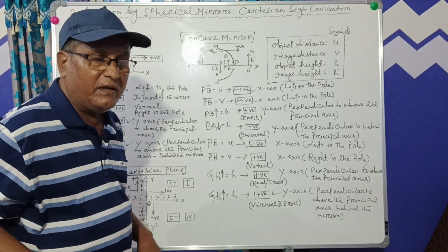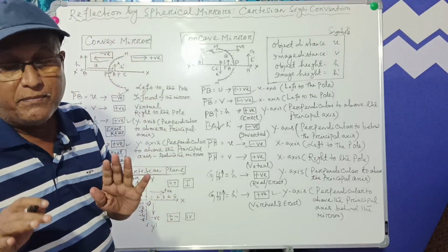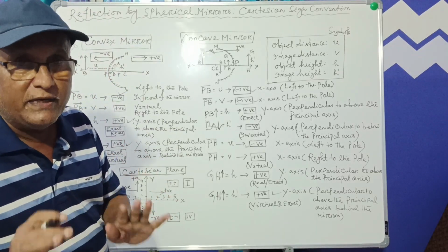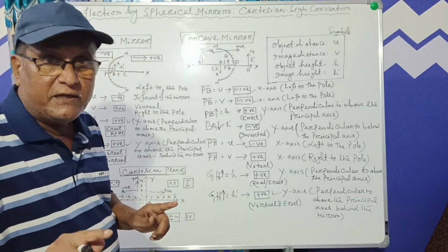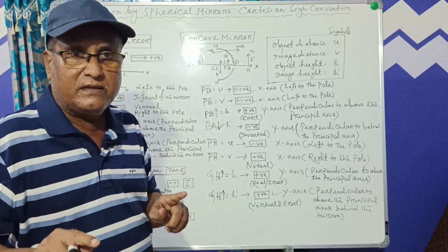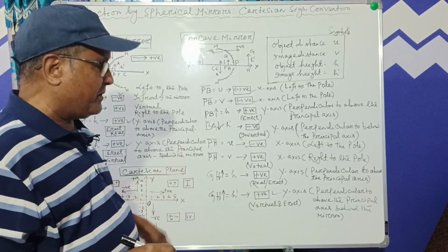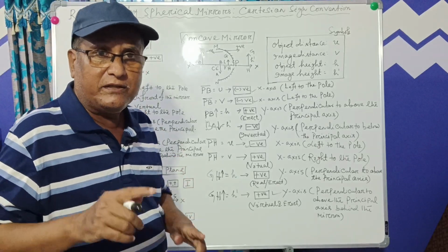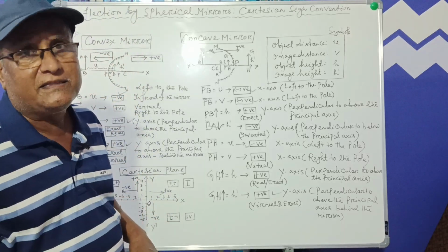Because any point on a Cartesian plane is described by two coordinates. The x coordinate is the perpendicular distance from the y-axis to that point, called the abscissa. The other, the y ordinate, is the perpendicular distance from the x-axis.